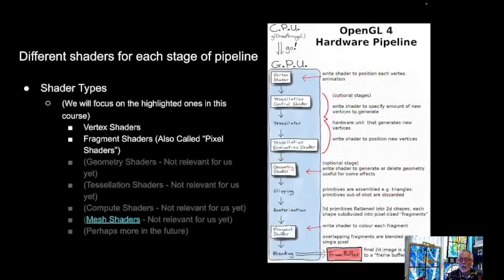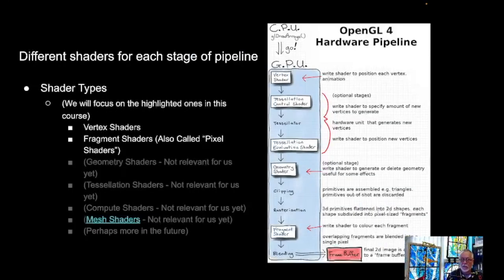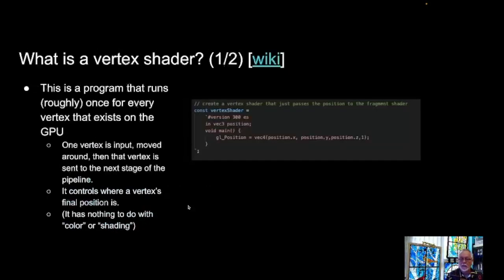So, how do we go about doing this? Vertex shaders first. There are a large number of other shaders we're not going to deal with in this course, and you can expect to see more of these shaders come out as the hardware gets more and more complicated.